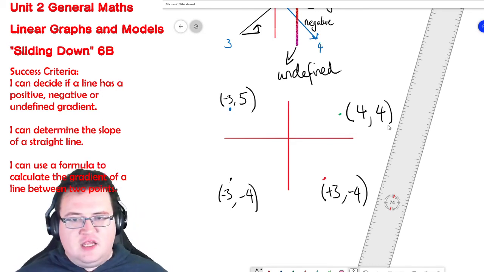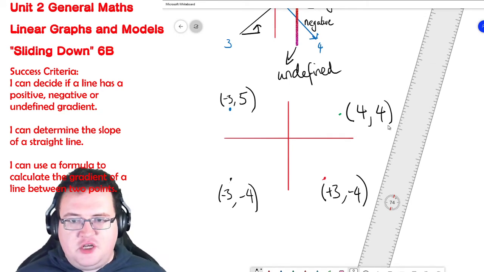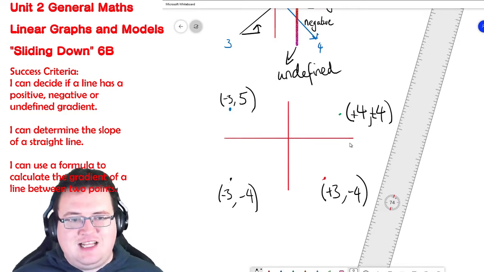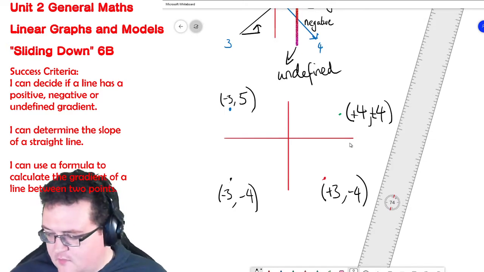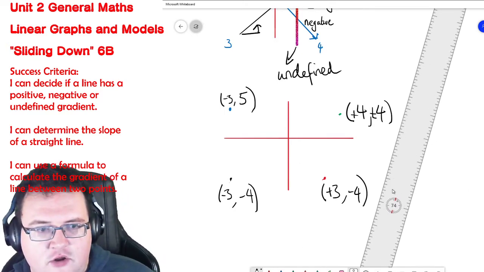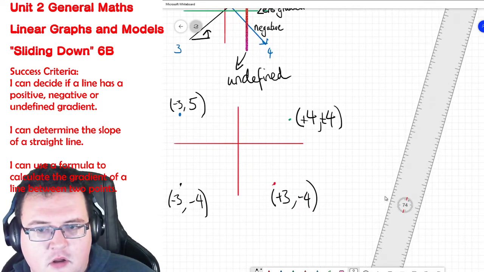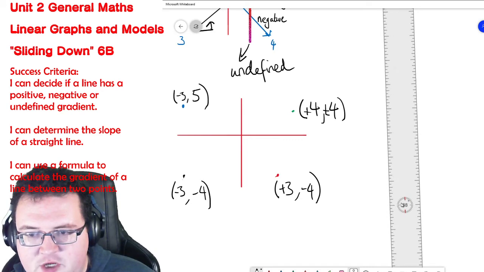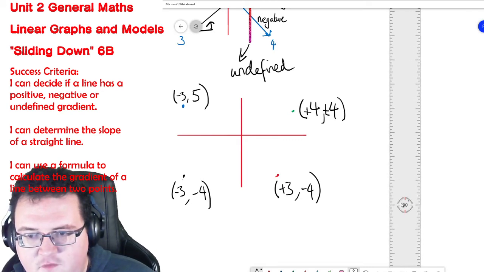So I have some rough values for where these points are, and we're going to use a formula to mathematically calculate the gradient. So what you need, and I'm going to write it over here on the board, is a formula which we call the gradient formula.